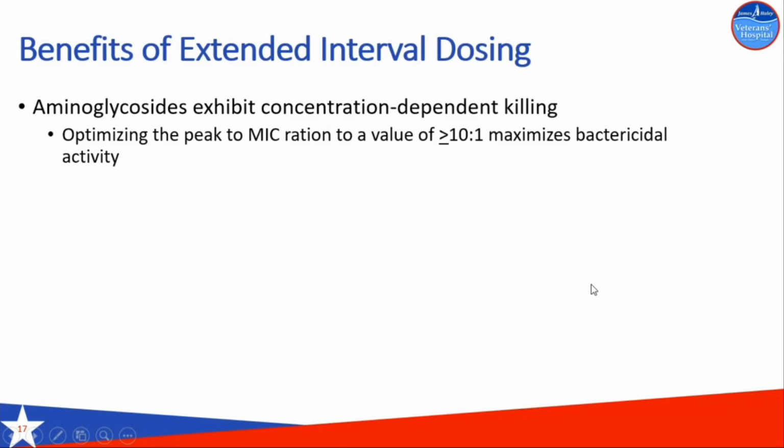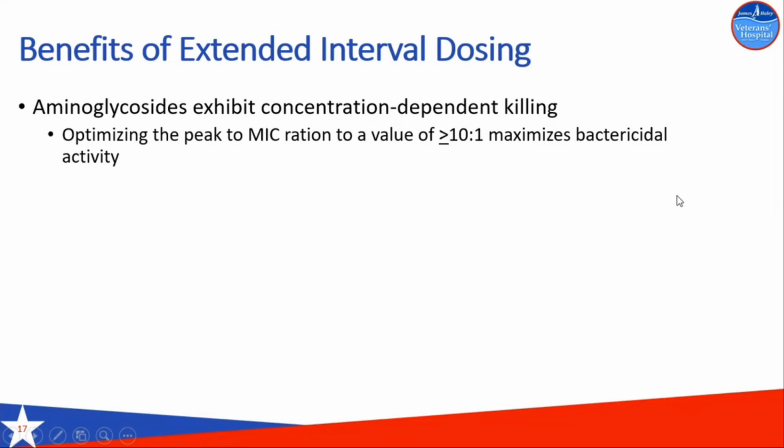All right, so there's a number of benefits of using this extended interval dosing. We already know aminoglycosides exhibit that concentration-dependent killing. So what we want to do is optimize that peak to MIC ratio to a value usually of greater than 10 to 1, and that's really going to maximize our bactericidal activity.